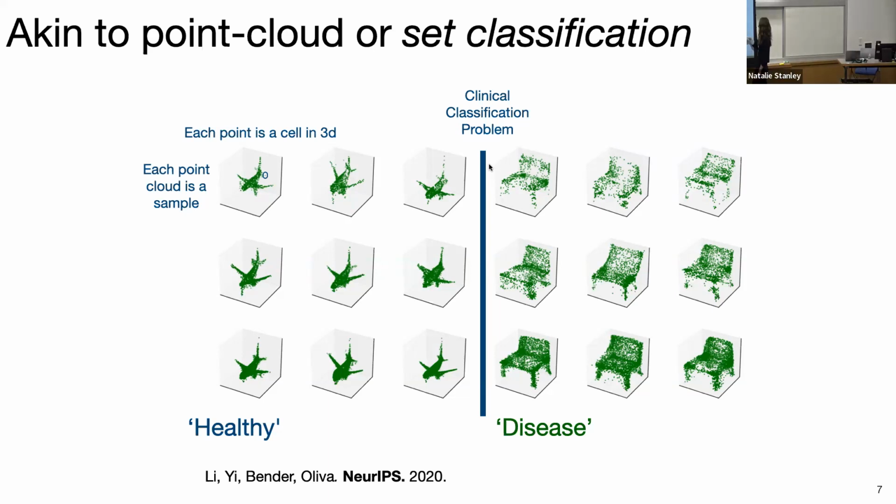And so now you can think about every point here as a cell. So you can imagine each of these little images is representing a sample, and every point is representing a cell. And with this in mind, there are a lot of machine learning tools and deep learning tools where now you can just throw in the data and get an accurate classification or diagnostic of the samples.